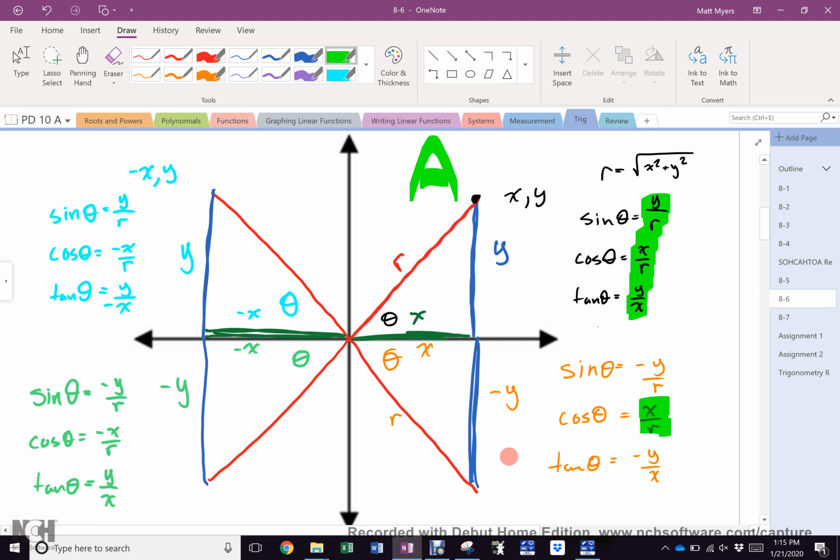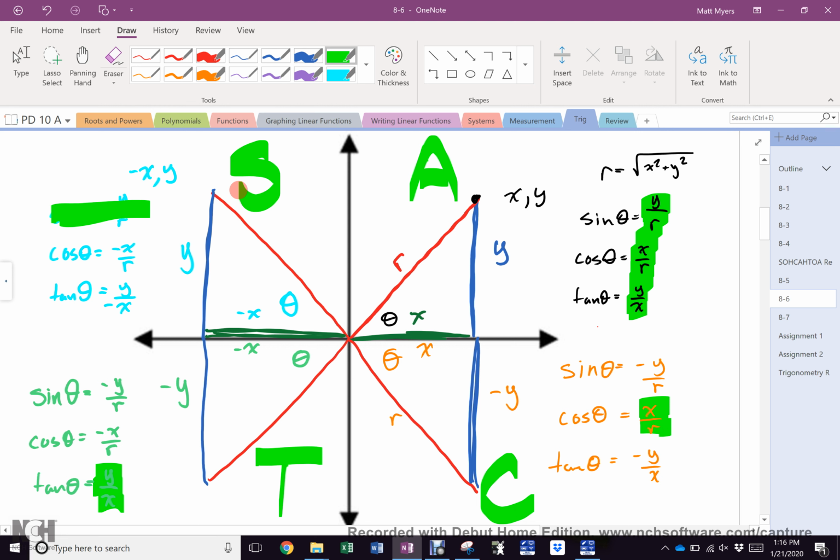What's positive here? Cosine. C is positive. What's positive here? T is positive. And what's positive here? Sine. CAST. I don't care.